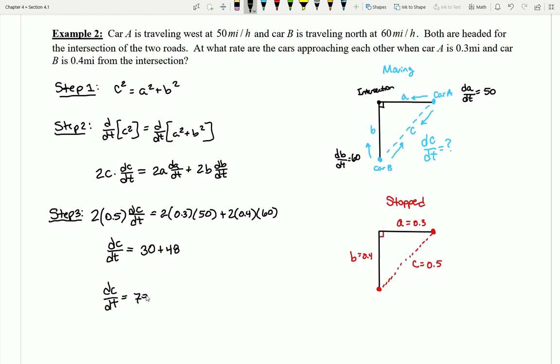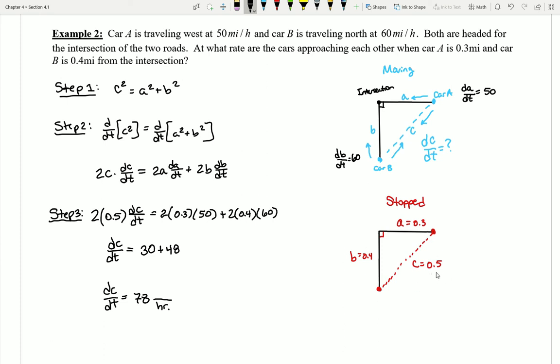Now I just want to go ahead and put some units on this, which should be really easy to do because my units are already given right here. I have C over t. If t stands for time, I just want to go back to this question and think about how I have been measuring time. And it looks like I've been measuring it in hours. How have I been measuring the value of C, or A, or B?